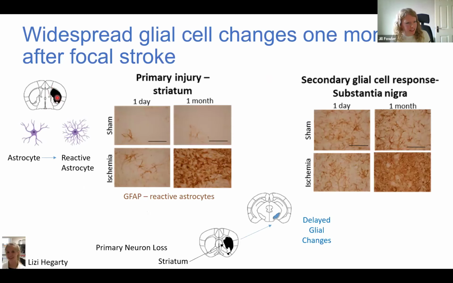And so what we'll start to see is glial cell changes in anatomical areas that are connected with the striatum: globus pallidus, internal capsule, substantia nigra. We're tracking right back to these regions, cortex and white matter tracts as well. So it is different, but it's dependent on the fact that it's a different area of the middle cerebral artery territory that we've damaged. Yeah, thank you.